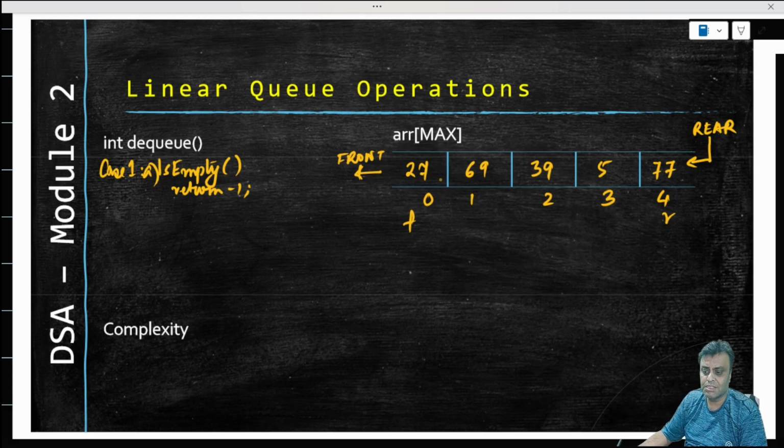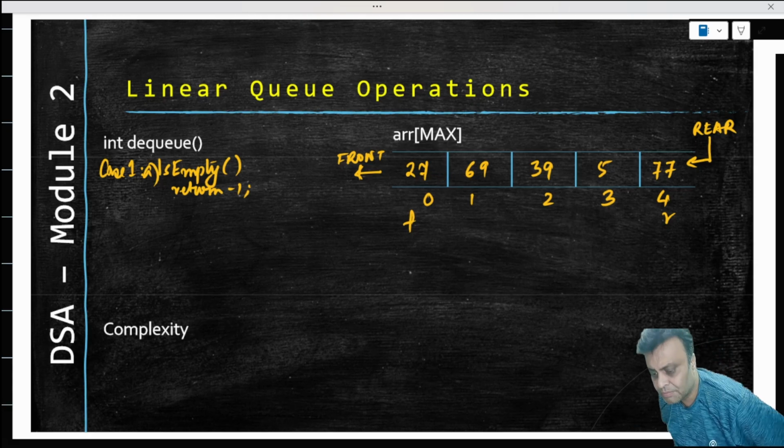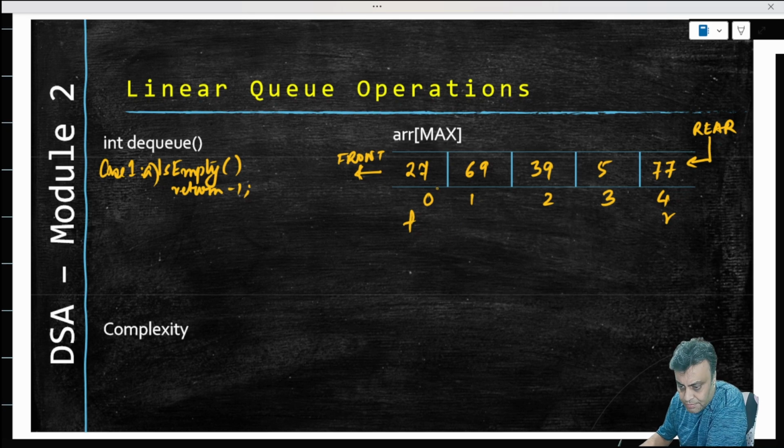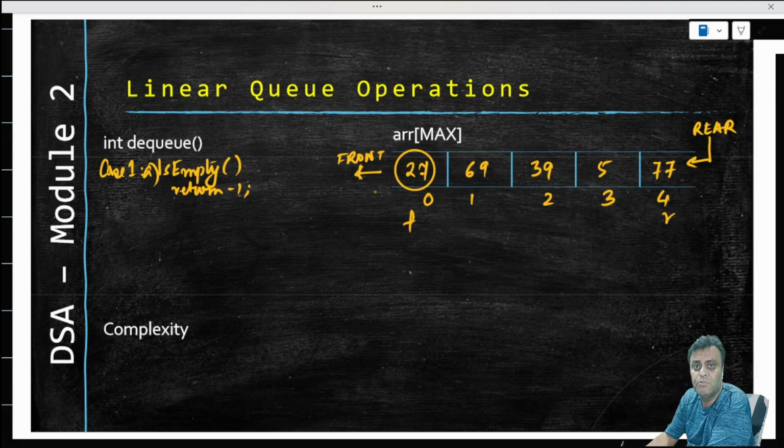But when you understand dequeue, the element at this particular index, which is the front of the queue, should move out, right? Now, what is happening is that the element is not moving out. Our front is moving forward, right?